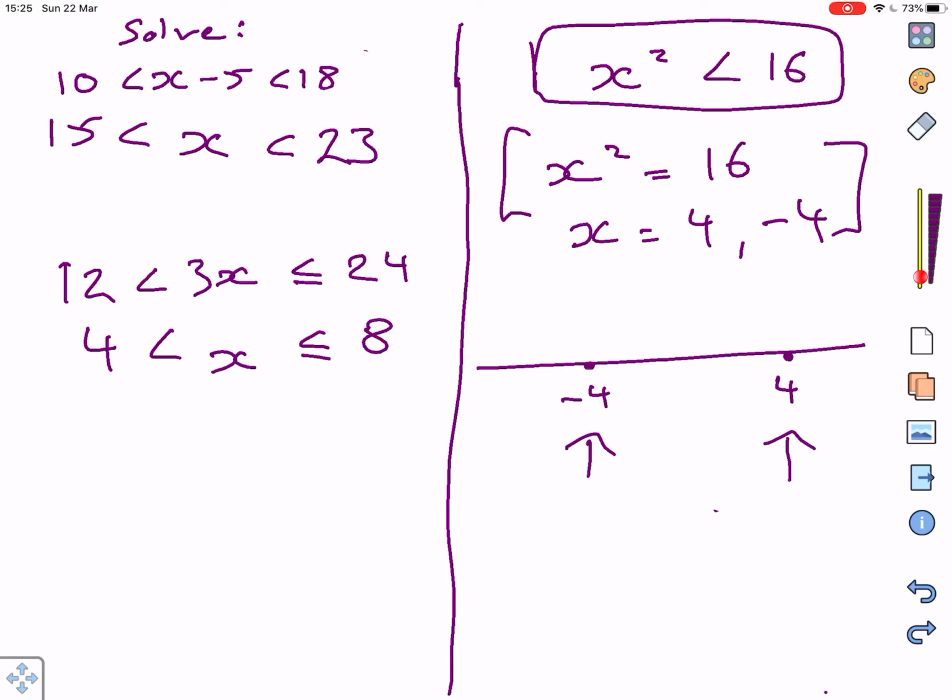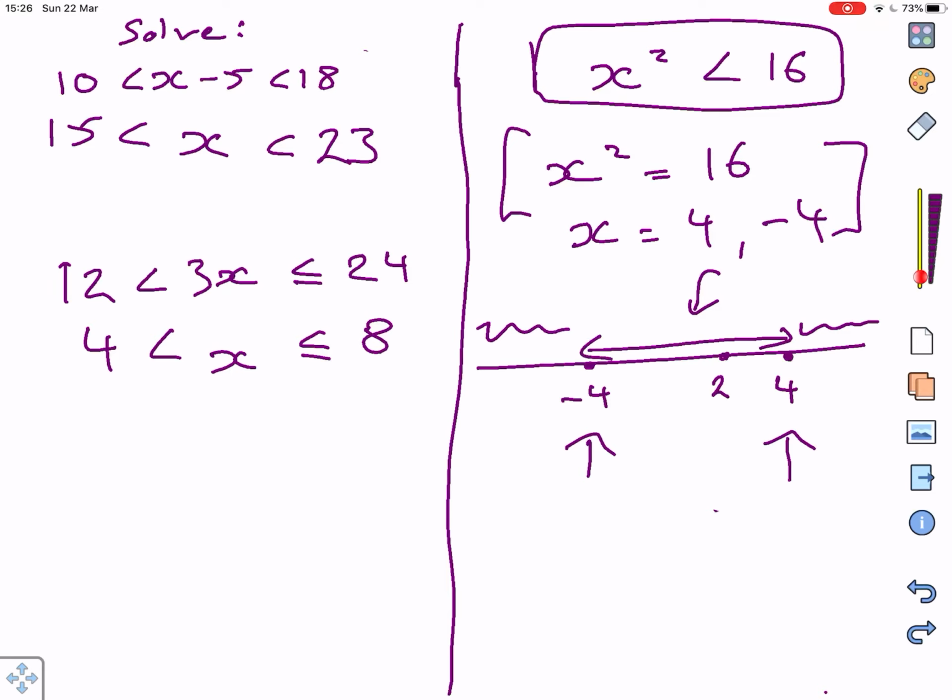But do I want the region between those dots, or do I want the bits outside the 4s? Let's have a look. If I choose a value here, say 2, 2 squared is 4. That's definitely less than 16. So actually, I now know that I want the bit in the middle. This is the bit I want.